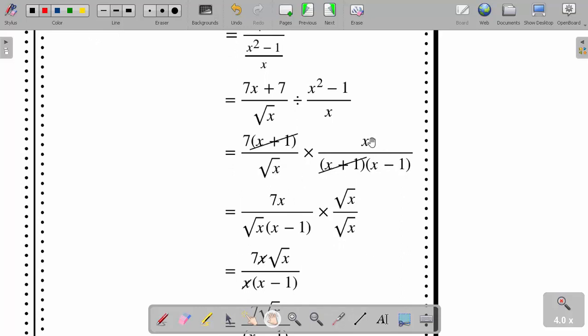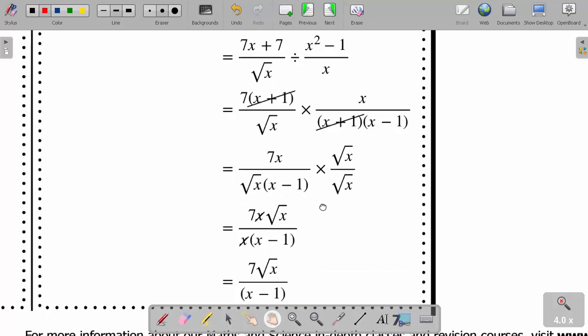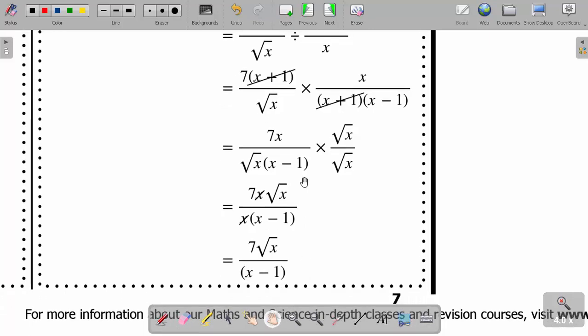This is just x. So what do I do next from here? I multiply by root x up and down. And when I do so, it simplifies to give me finally 7 root x over x minus 1.